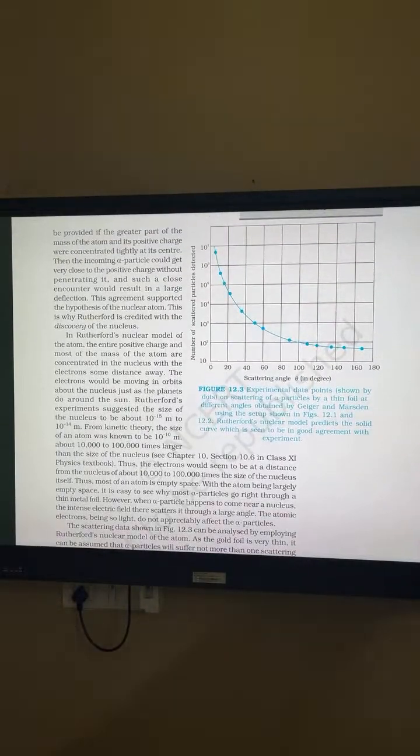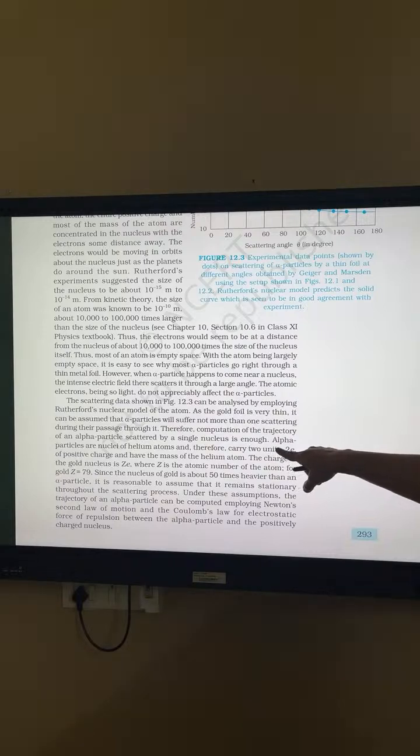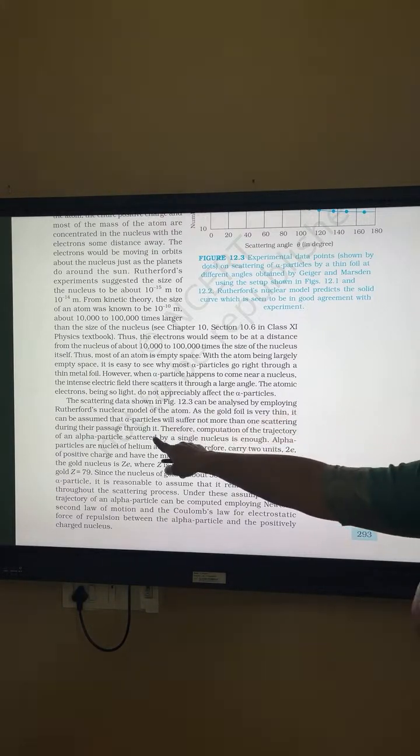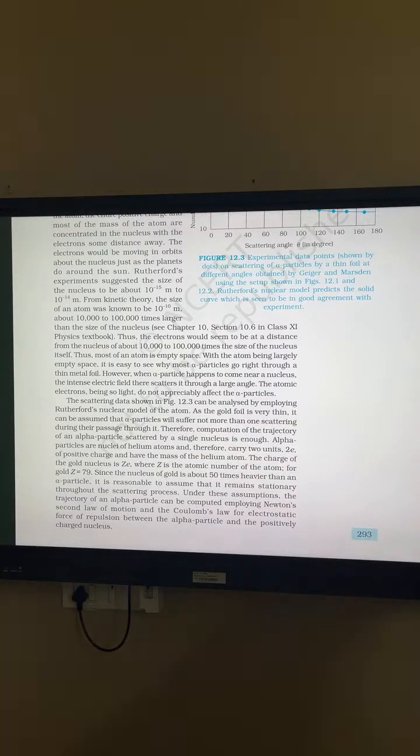Since the foil is very thin, what is the statement they have given here? As the gold foil is very thin, it can be assumed that alpha particles will suffer not more than one scattering. So that means one alpha particle suffers one scattering, the way they have addressed it here.